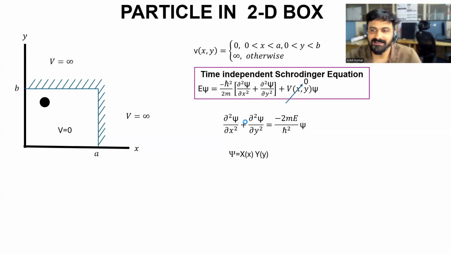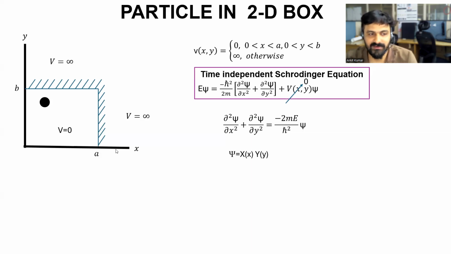Now this is a second order partial differential equation in two dimensions where ψ varies along the x and y directions. To solve it, we are going to use the separation of variables technique. That is one of the standard techniques to solve partial differential equations, and it gives the analytical solution.